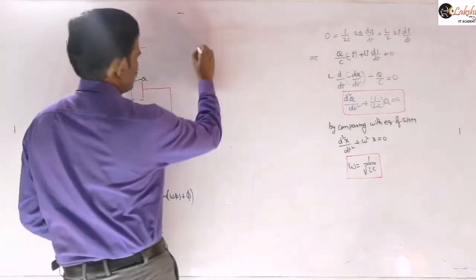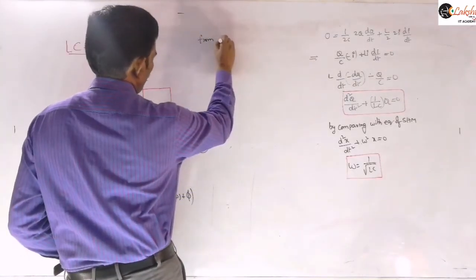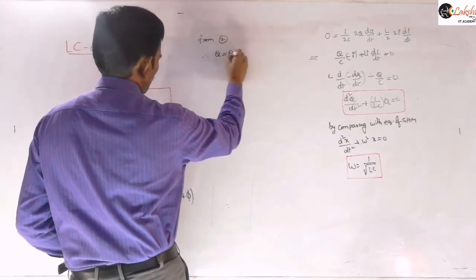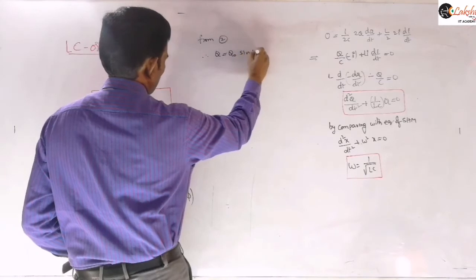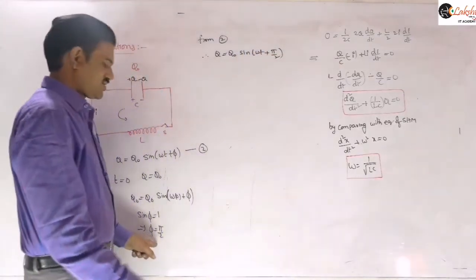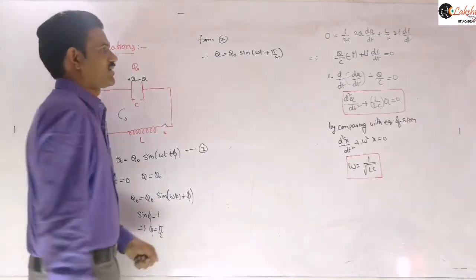Therefore from equation 2, q = q naught sine of (omega t plus pi by 2). That means we calculated this phi value, and I am substituting it there.